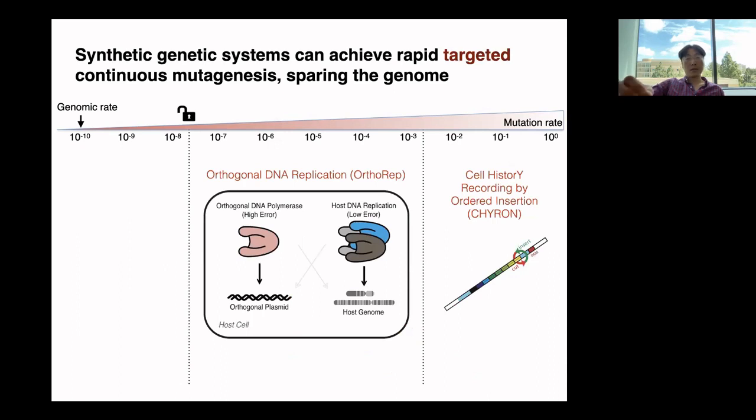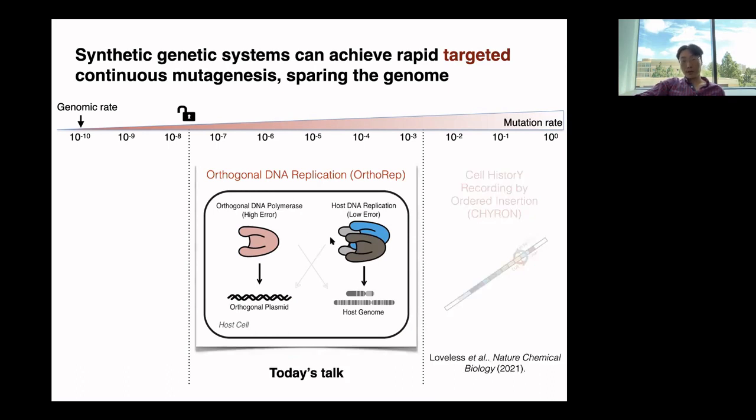And so in the history of my lab, we've been working on two synthetic genetic systems for doing these applications. The one I'm going to focus on is called orthogonal replication, or Orthorep for short, where by establishing a new replication system in a cell that's only dedicated to the replication of a plasmid, then any gene we put on here can be mutated at a high rate, dictated by its 1/L mutation rate threshold.